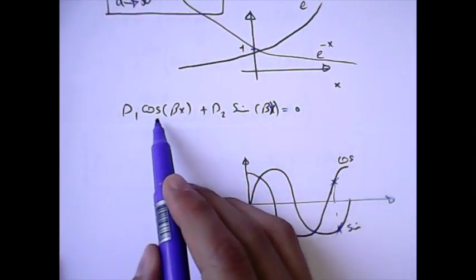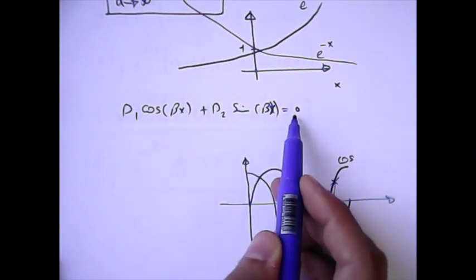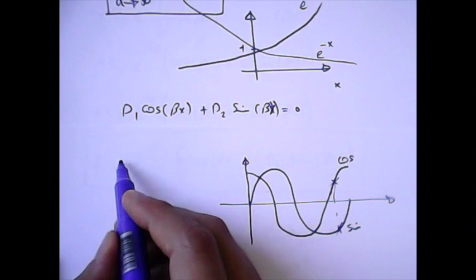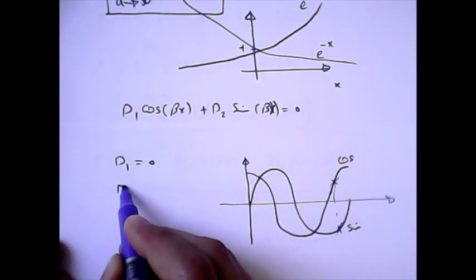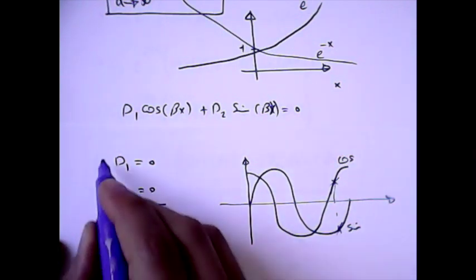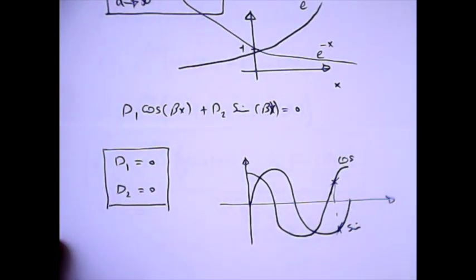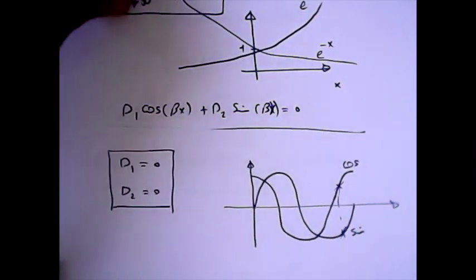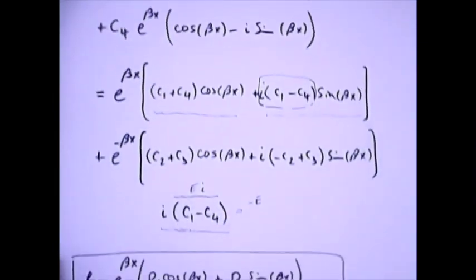But there is only one way that I could absolutely make sure that this is equal to 0. The only way is that d1 is 0 and d2 is 0. That's the only way. And it's also pretty nice, because if these two are 0, then let's take a look at our family of solution here.